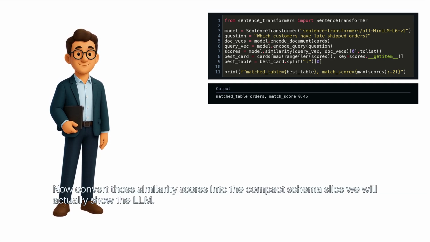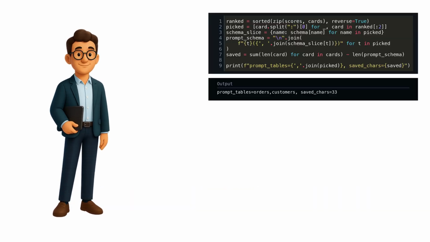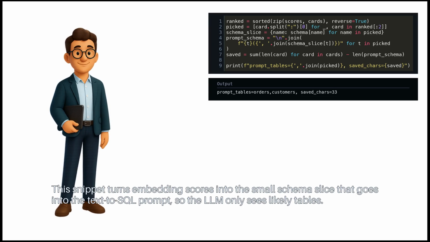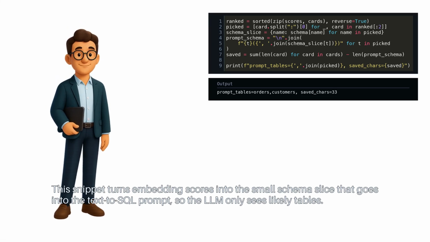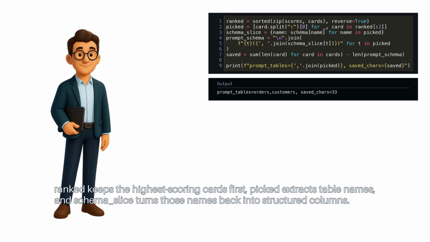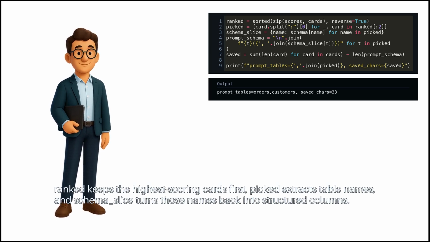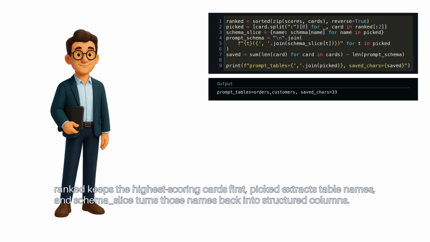Now convert those similarity scores into the compact schema slice we will actually show the LLM. This snippet turns embedding scores into the small schema slice that goes into the text-to-SQL prompt, so the LLM only sees likely tables. Ranked keeps the highest scoring cards first. Picked extracts table names, and schema slice turns those names back into structured columns.